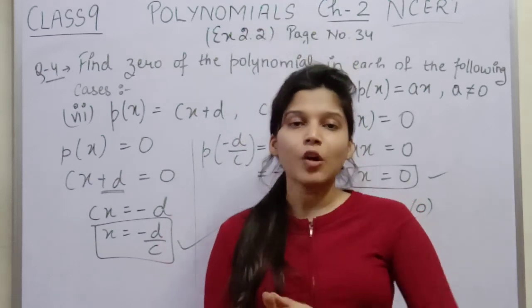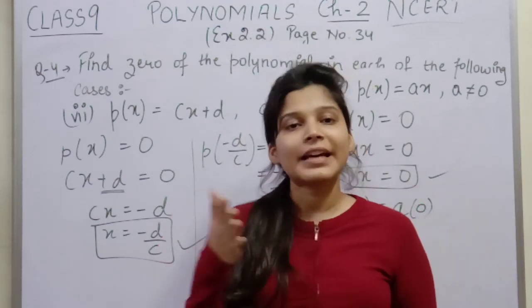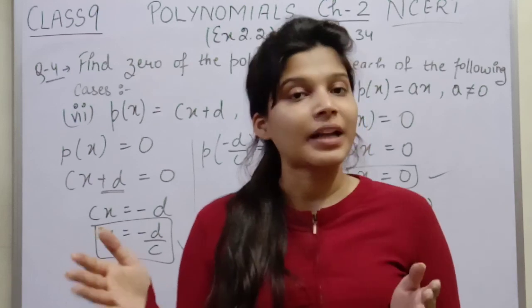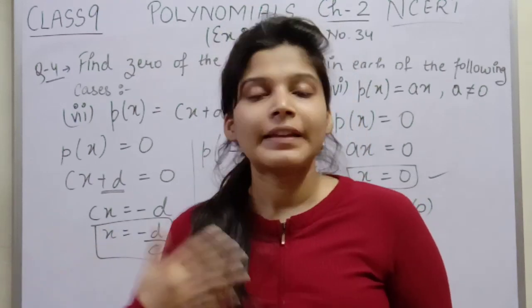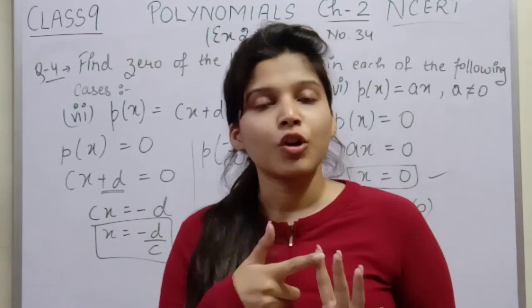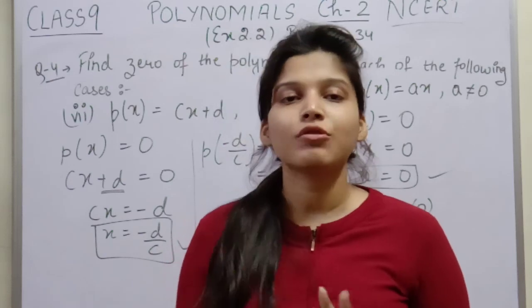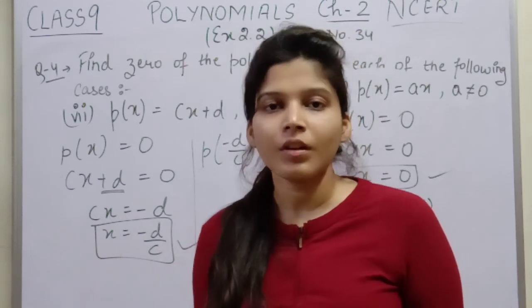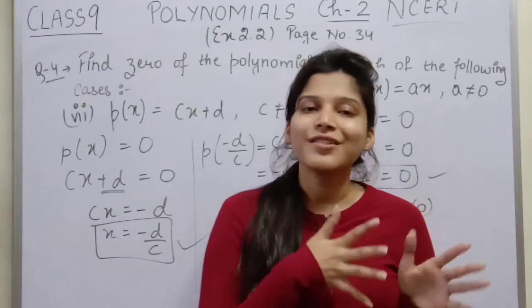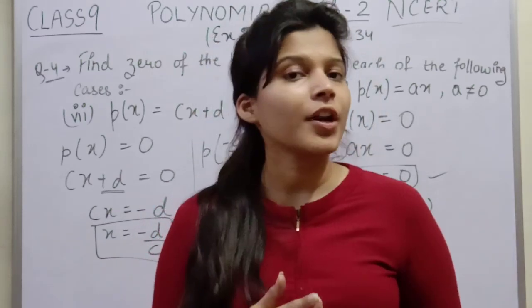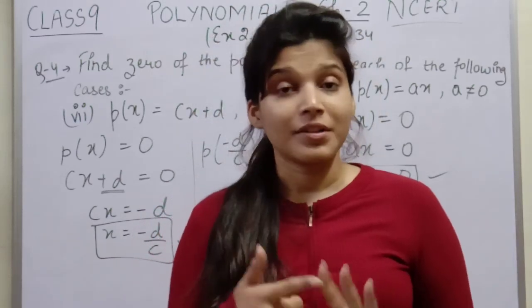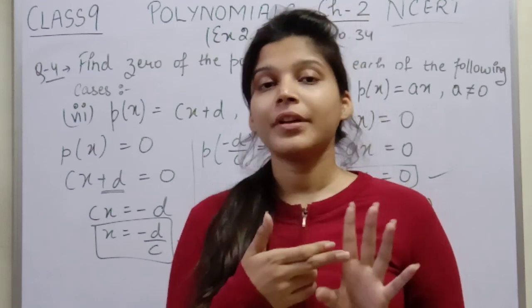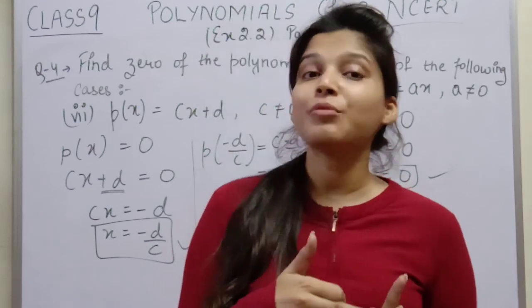Types of polynomial on the basis of degree and types of polynomial on the basis of number of terms, right? On the basis of number of terms, monomial, binomial, trinomial, these we have been studying since class 8, right? But on the basis of degree we have constant polynomial, linear polynomial, quadratic polynomial and cubic polynomial.